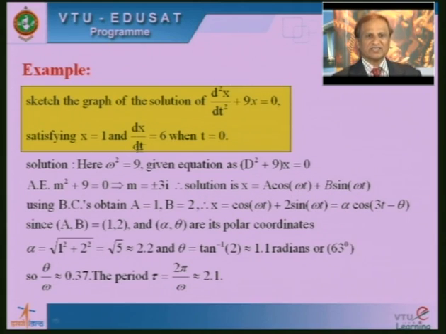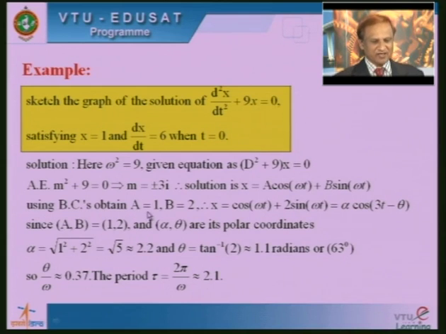And here they have given the initial conditions, is it clear. So, now I want to use the initial conditions. What is the first condition? When x is equal to 1, when t is equal to 0, right. So, using that condition, I can find out the value of a, how we have calculated in the previous examples.